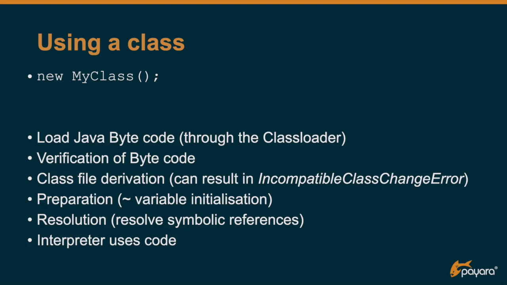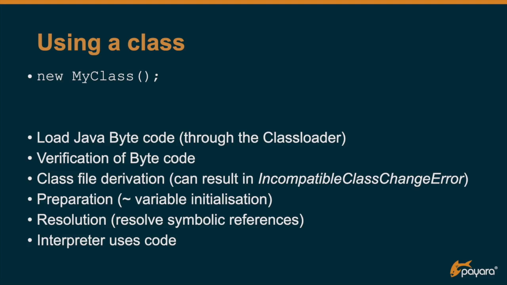For instance, if you call a method in another class with a certain parameter set, then there is a check if that method is still there, because it can be that it was there during compilation, but at the runtime you can supply another version. So the method signature is checked to see if it still is valid, if it still can be used, and that can result then in that incompatible class change error if that's not the case.